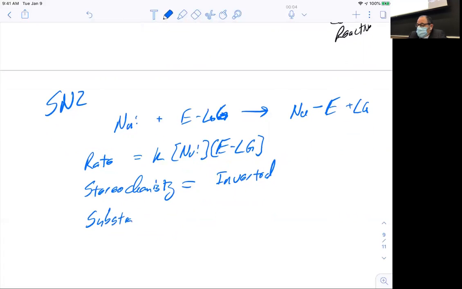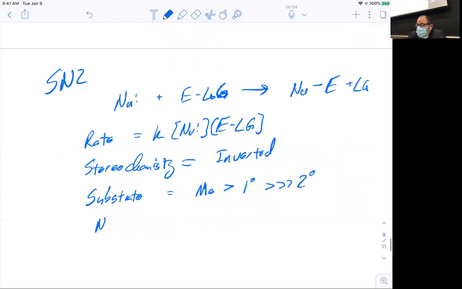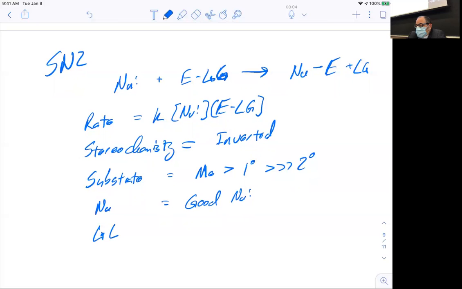The substrate preference is going to be methyl over primary, secondary. Nucleophile, we will want a good nucleophile. Leaving group, right, we want a good leaving group.